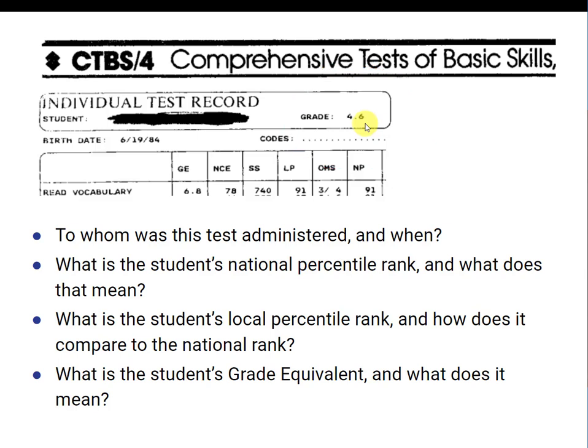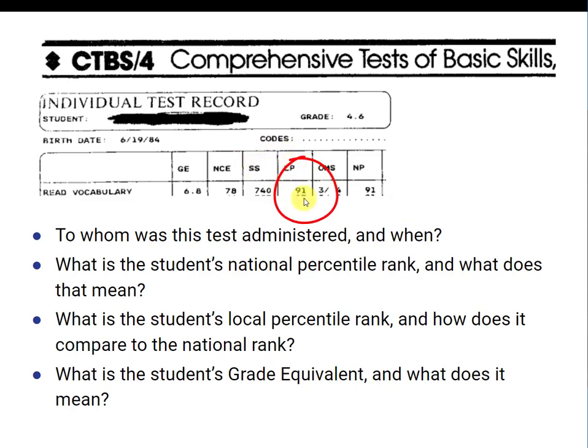And it says, what is the student's national percentile rank and what does that mean? Well, their national percentile right here is 91. So as compared to the national norm group, this student scored as well or better than 91% of all test takers. What is the student's local percentile rank and how does it compare to the national one? Well, the student's local percentile rank is right here.